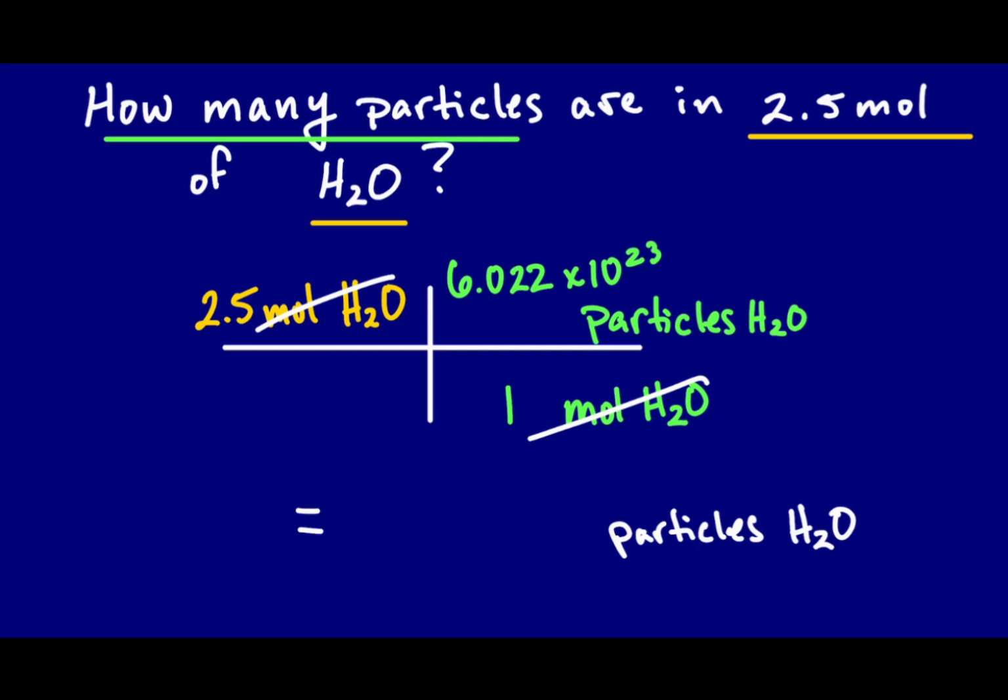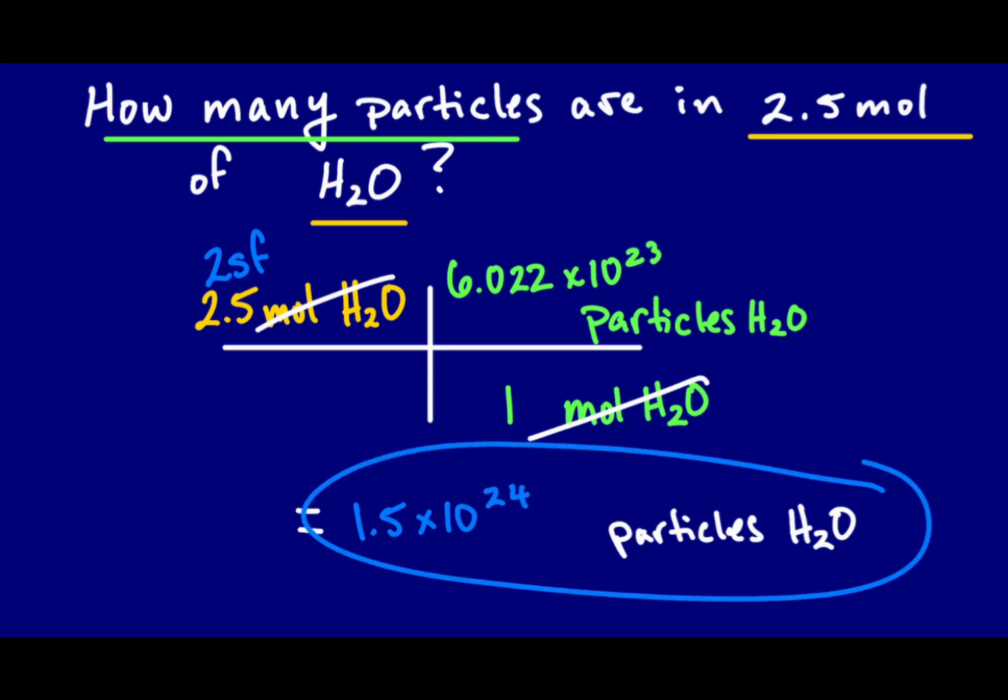So we have 2.5 times 6.022 times 10 to the 23rd. We have still just 2 sig figs for our given value here, so that means our final answer should also be 2 sig figs. So when we do the math, we get 1.5 times 10 to the 24th power. And then that represents the number of particles of water in 2.5 moles.